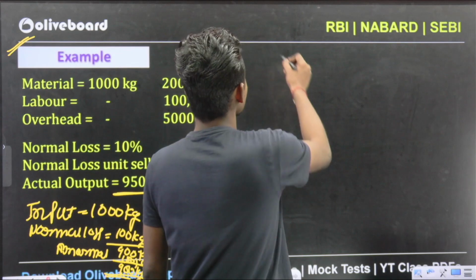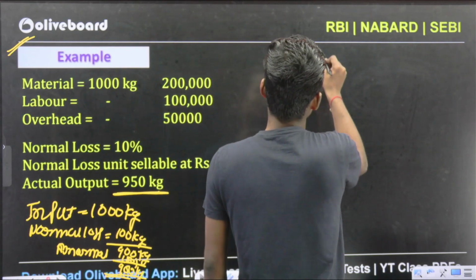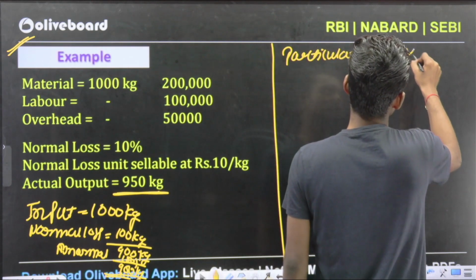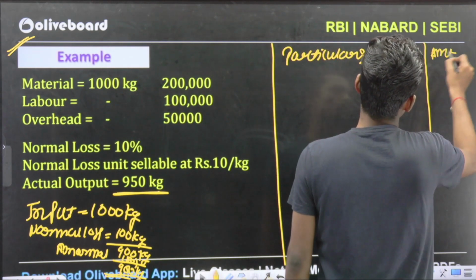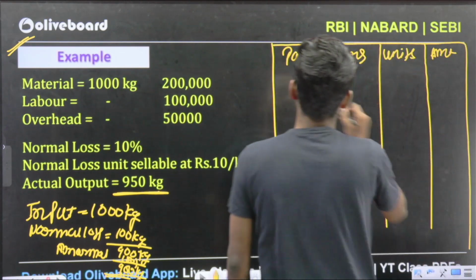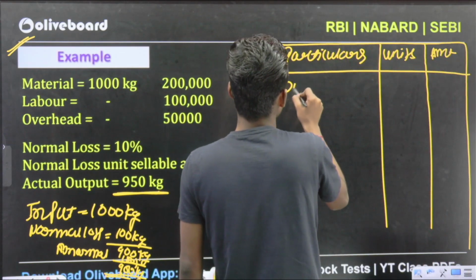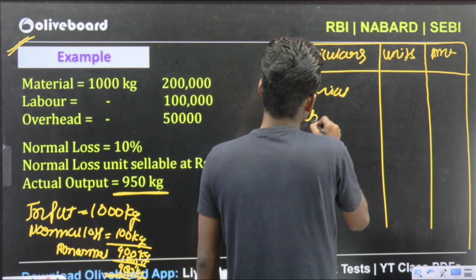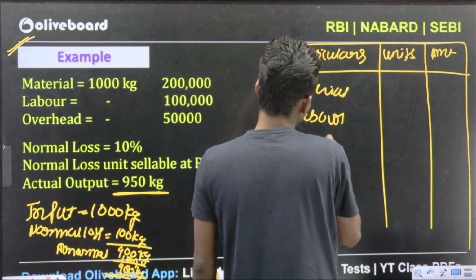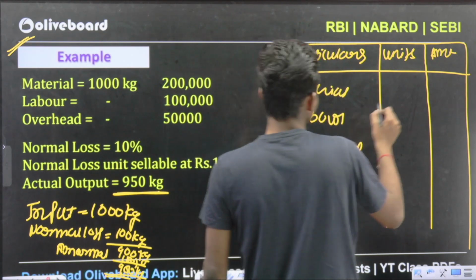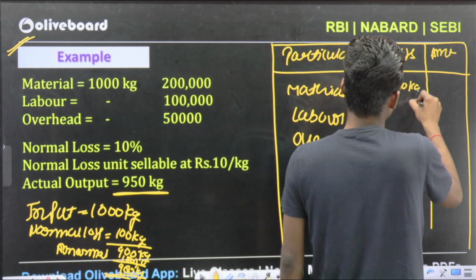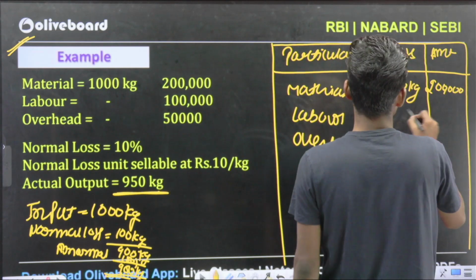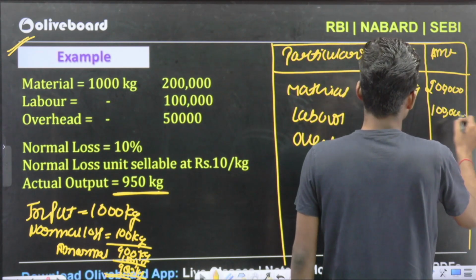In the same way, we prepare our account with particulars, units, and the amount column. I have incurred the material cost, the labor cost, and the overhead cost. For the 1000 kg introduced, I have incurred 2 lakh of direct material cost, 1 lakh rupees for labor, and 50,000 for overhead.